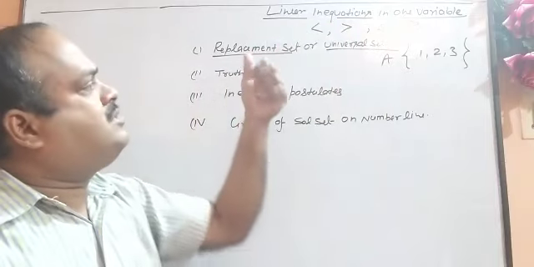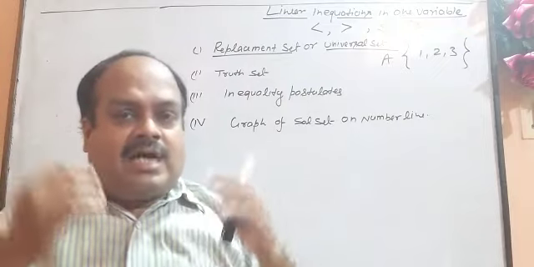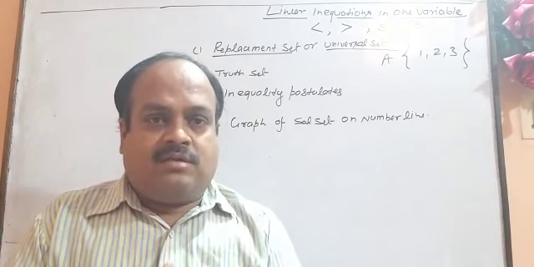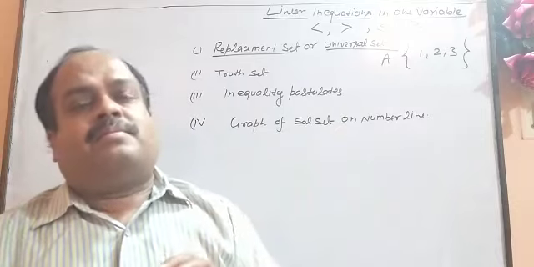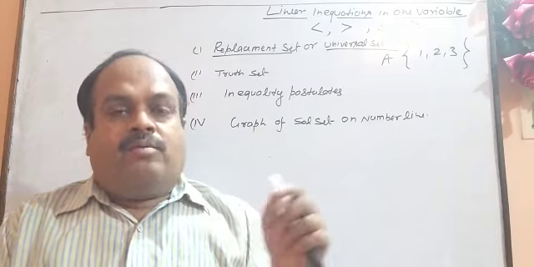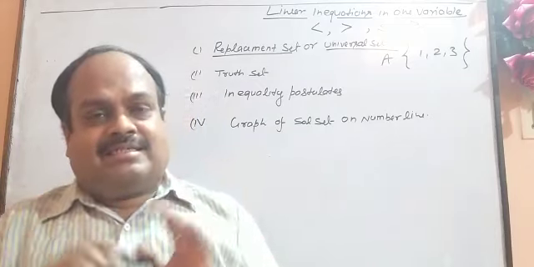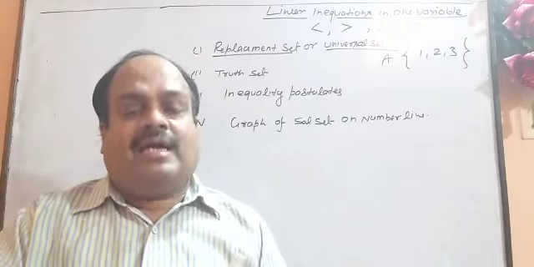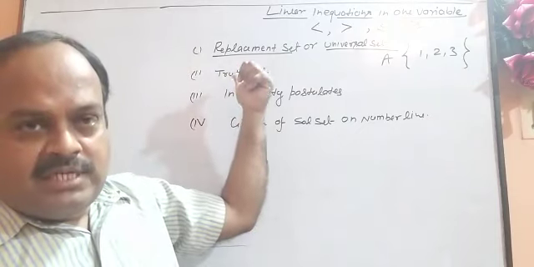Now come to the truth set. When we solve an inequation, we get the solution. So solution or solutions of an inequation, when we write in a pair of curly brackets, that solution or solutions of an inequation is called truth set.